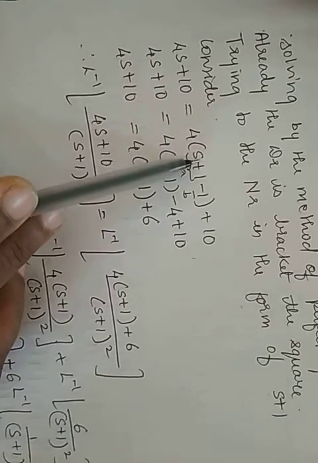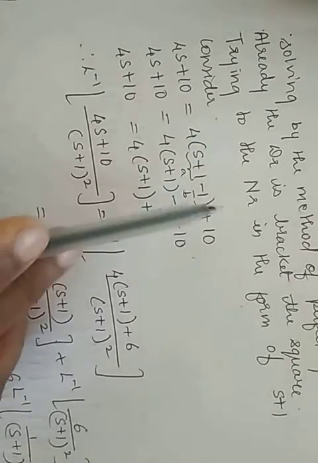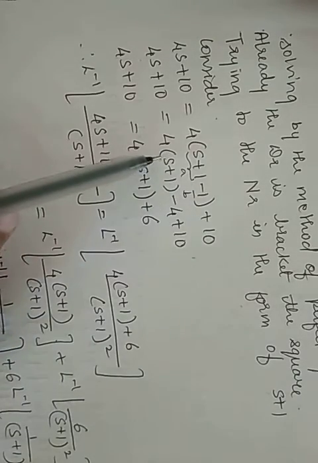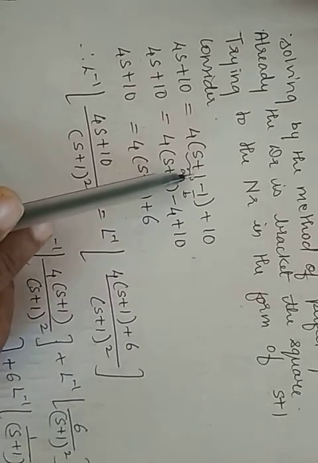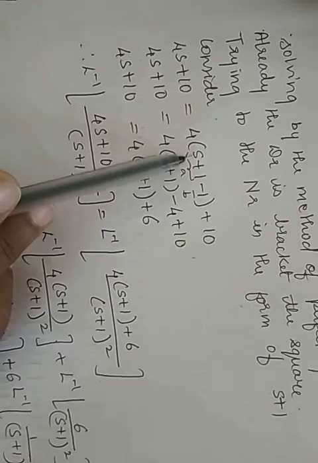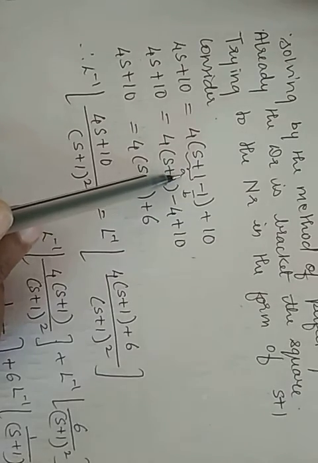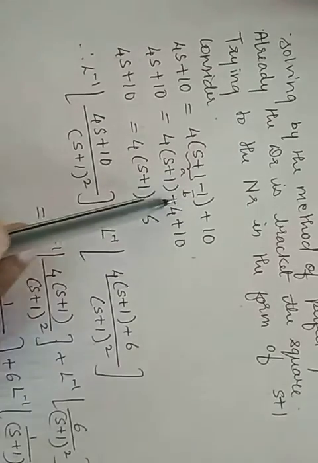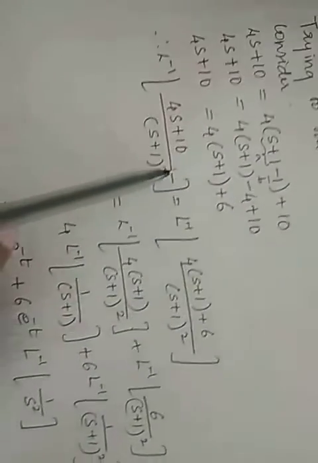Again, don't multiply 4s into 4 and minus 4, it will get cancelled. No, our intention is to combine (s plus 1). So take 4 into (s plus 1), and minus 4 plus 10, which becomes 6. Now substitute in the given function.